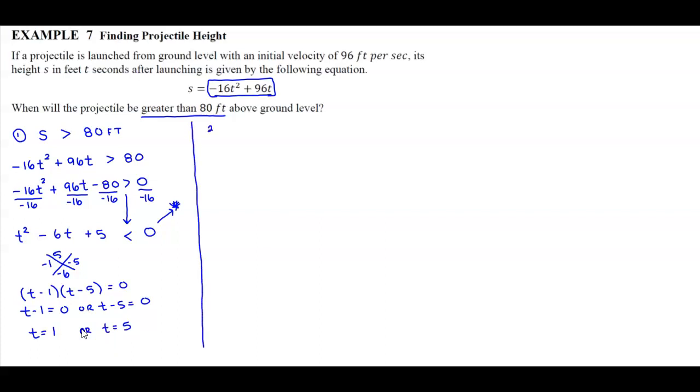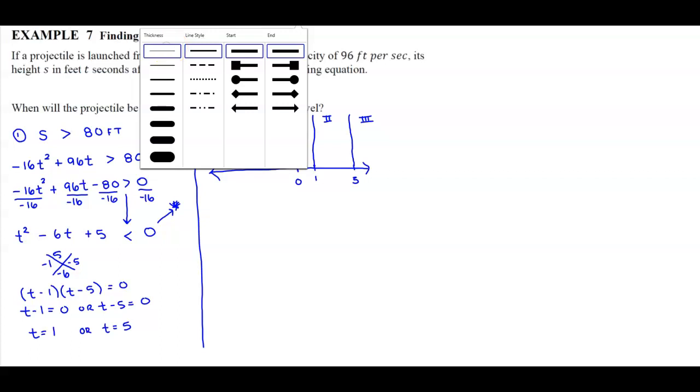Now in step number 2, we're going to draw our number line, and then we're going to use the same procedure we've done with our other examples. So we have 0, we have 1 as a testing point, and we have 5 as a testing point. We're going to draw our lines up and then create our regions. So we have region 1, region 2, and then region 3. Let's figure out what our intervals are.